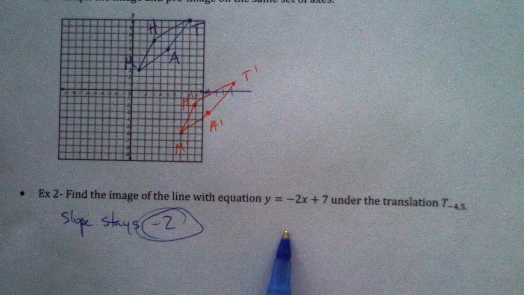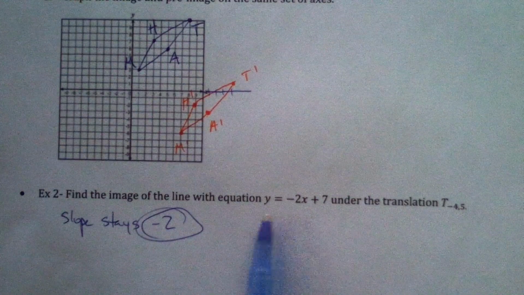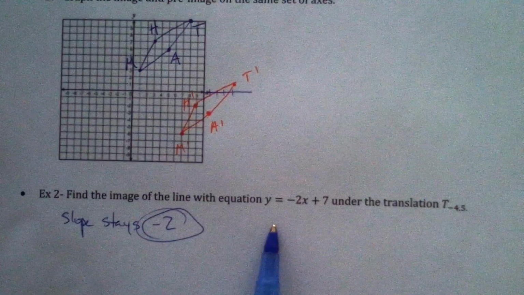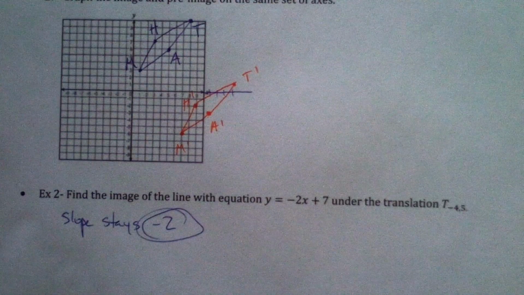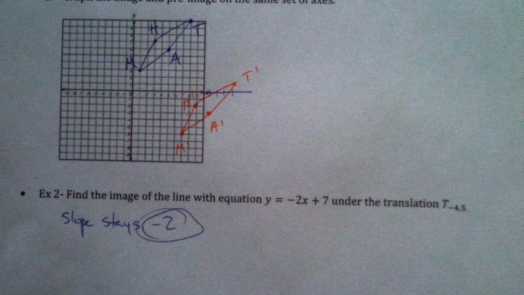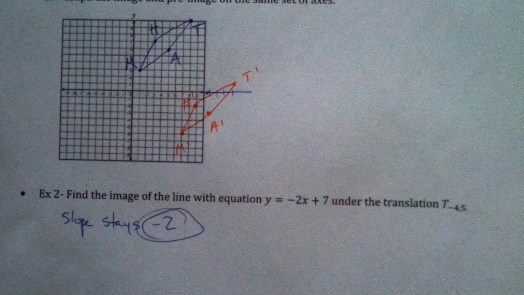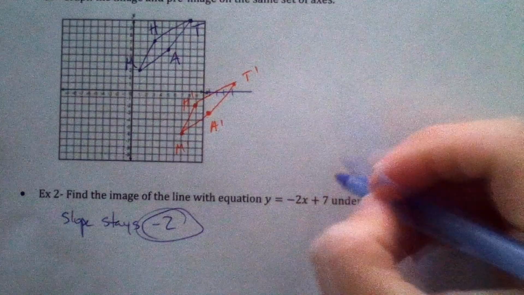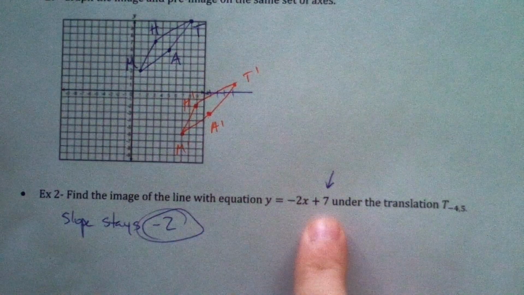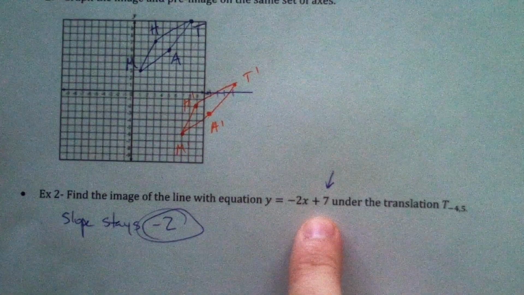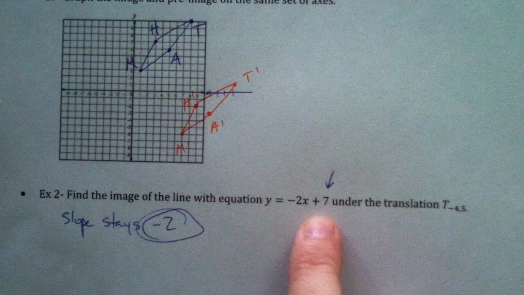Yeah, so we could take that point, do our translation movement to it, get a new point, and then use that for our equation, right? So our original point here, so let's just write point on original, or the pre-image, is 0, 7, just so you know where that's coming from. And then we're going to do that translation to this point 0, 7.